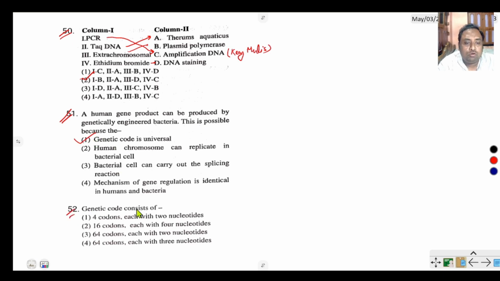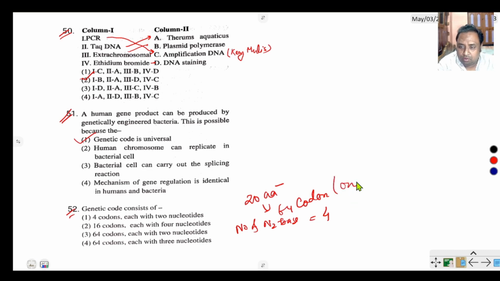Question 52: the genetic code consists of a total of 20 amino acids, which are present in nature. These are represented by 64 codons. The number of nitrogen bases is 4, and one codon contains 3 nucleotides.